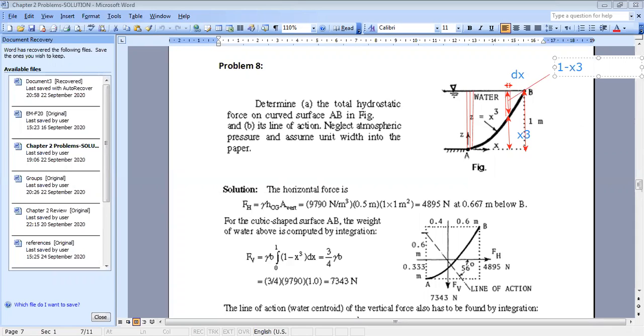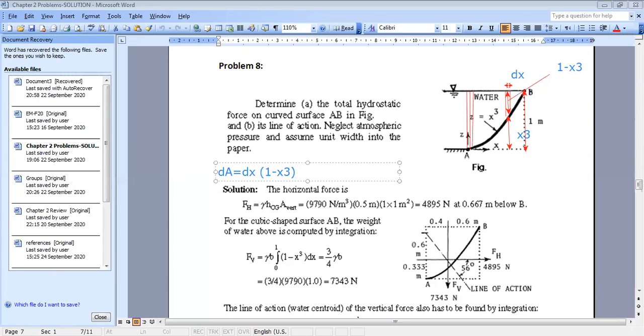Okay? Now, you will say that a small area, dA, is equal to the small width, which is dx, times the height, which is 1 minus x cubed. Okay? Now, if you want to find the total area, what should you do? Because you have infinity of elements, you should do integration. Okay?